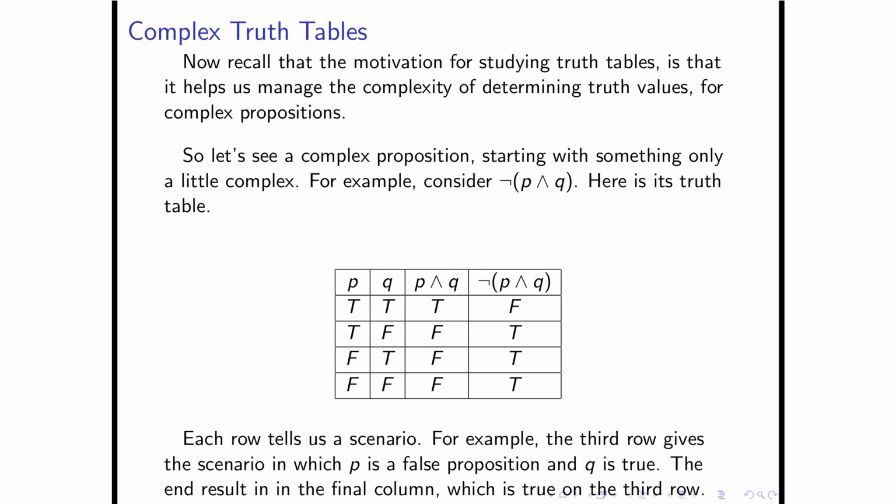Now let's see ever increasingly complicated truth tables. And so we'll look at the proposition negation on the outside of P conjunction Q. Now, the way that we form the truth table here is we first form the truth table for the simplest sort of components.